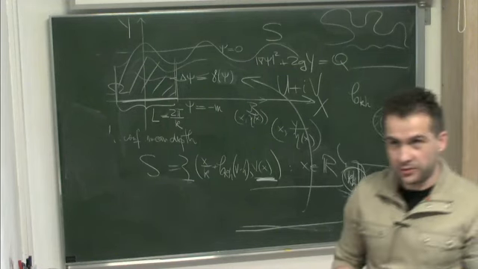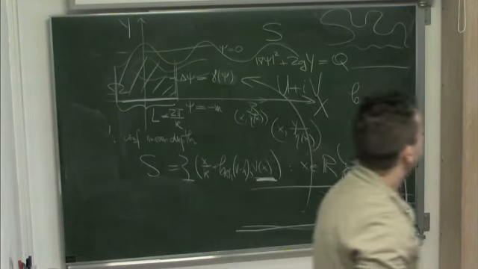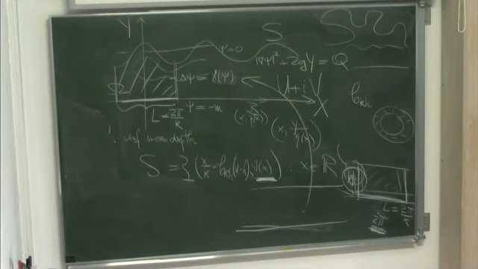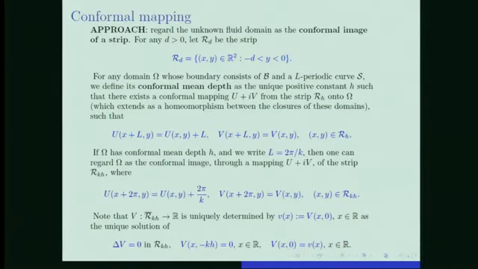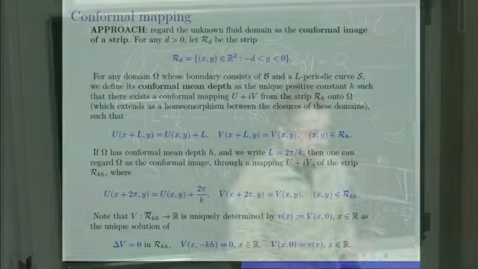Okay, so finding the domain is the same as finding the conformal map, and the conformal map is uniquely determined by its restriction to the real axis, which I call little v, a function of one variable.